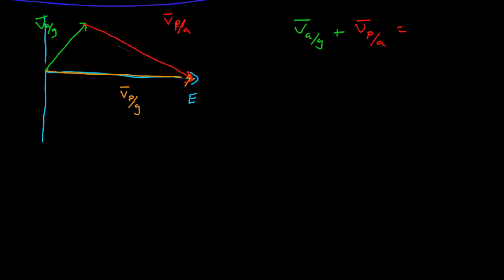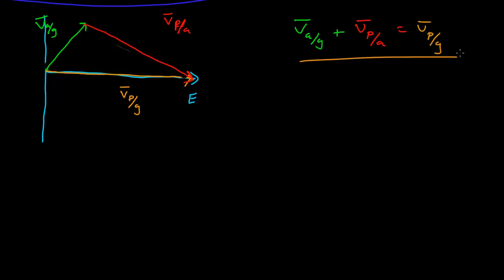So this vector here was the airspeed, the velocity of the plane relative to the air. This is the velocity of the air relative to the ground, where we had V_AG plus V_PA equal to the velocity of the plane relative to the ground.